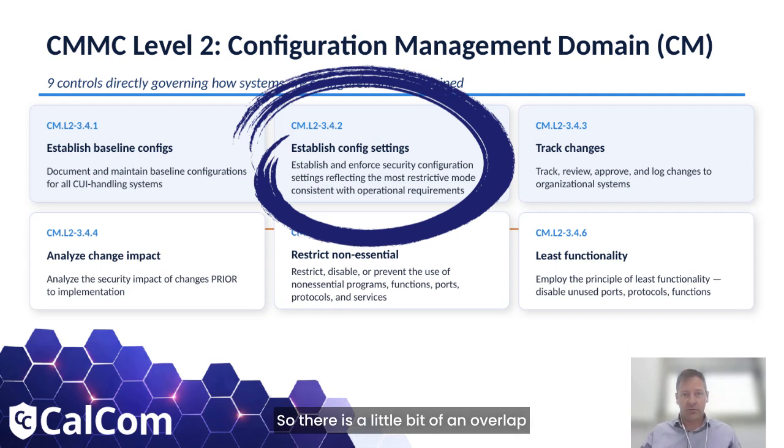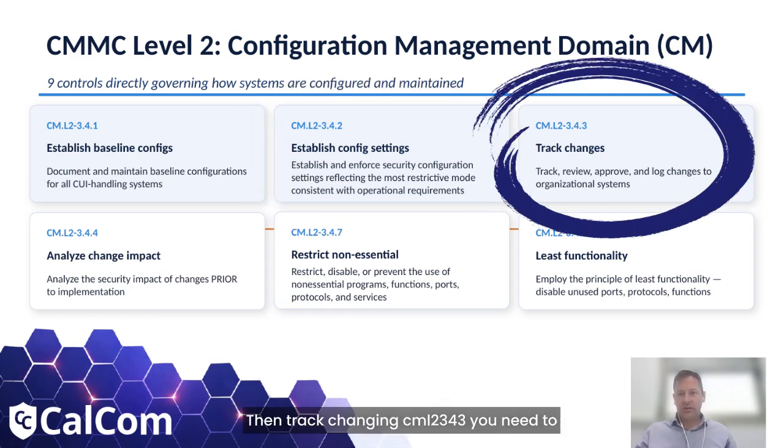So there is a little bit of an overlap between these two controls, but both of them are basically providing the direction that we should have restrictive configuration settings that are enforced on our servers and fully documented, and not just a very lean and basic baseline.